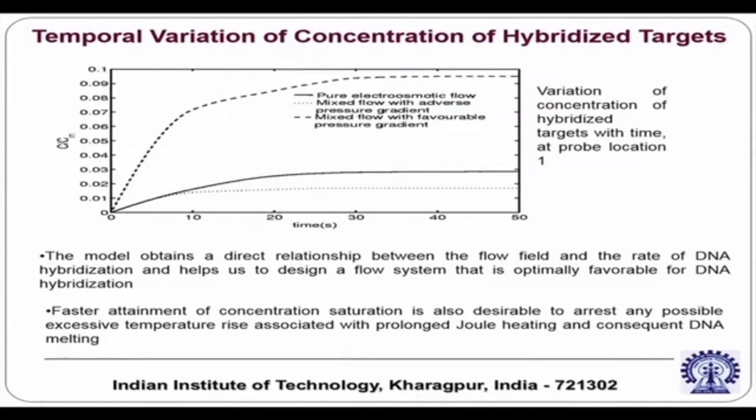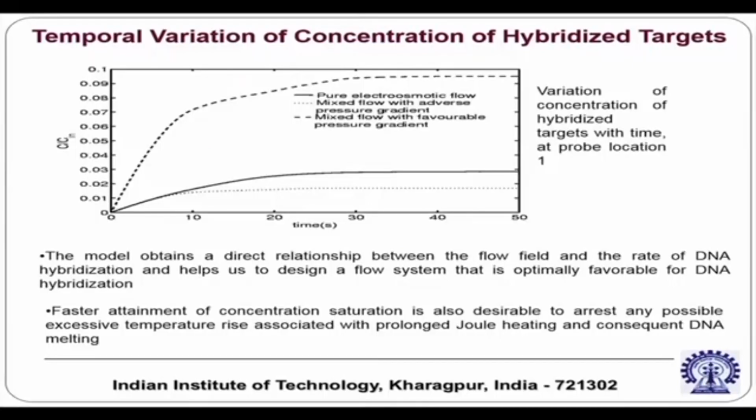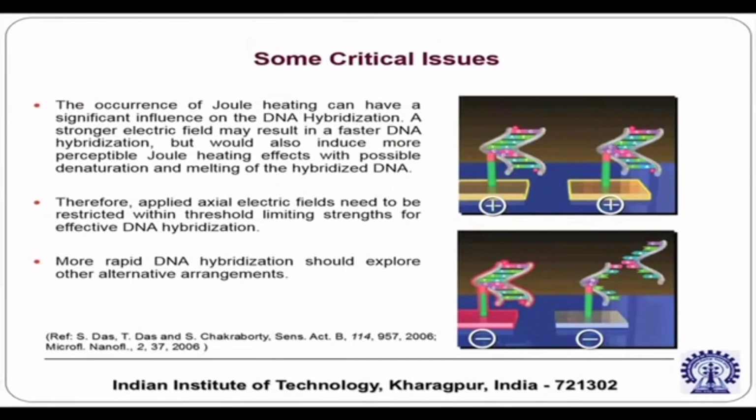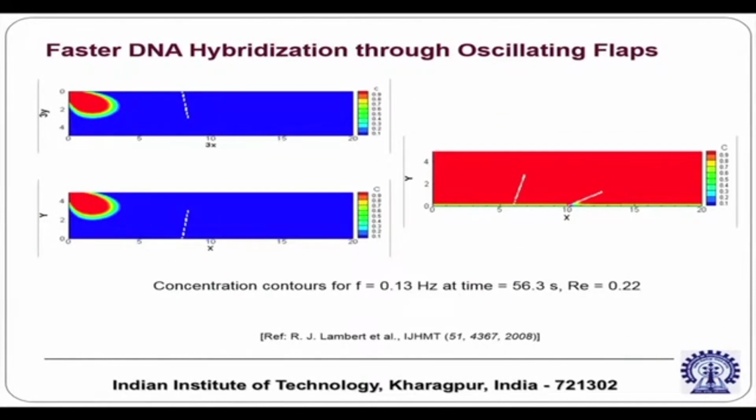So, the concentration of DNA as a function of time, you can see that with combined pressure driven and electroosmotic flow, you can have very rapid increase in the concentration, and that means that you have very successful hybridization. But as I told, with an electric field you also have Joule heating effects, and that Joule heating effect has to be taken into consideration.